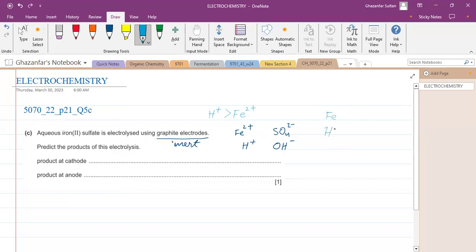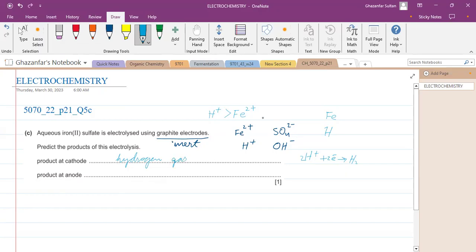So preferably hydrogen goes to the cathode to be reduced. When hydrogen ions are reduced, hydrogen gas is obtained. So the product at cathode is hydrogen gas.